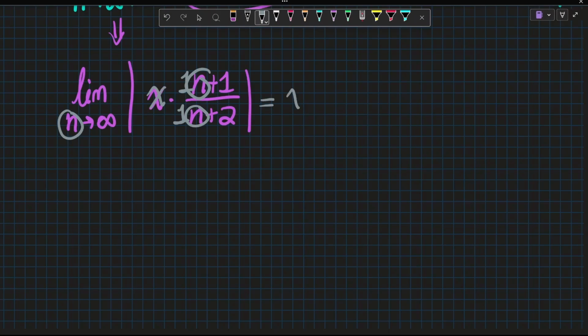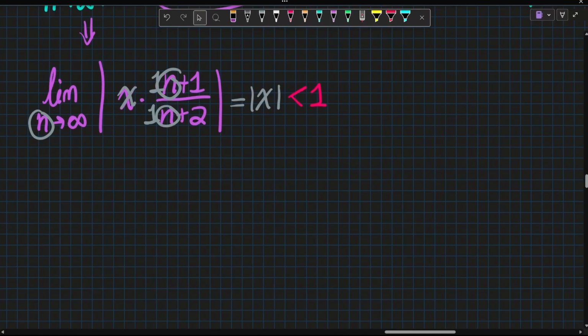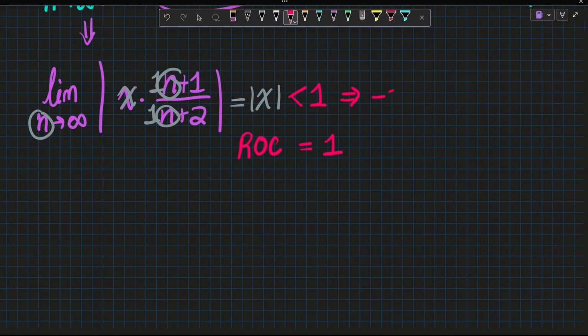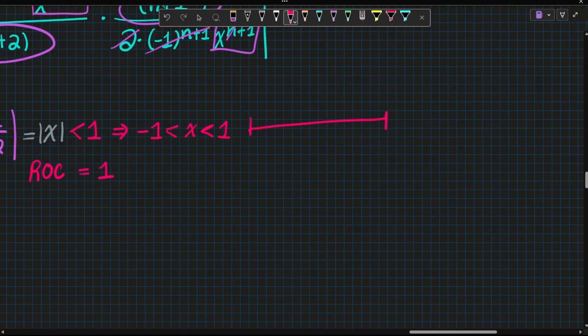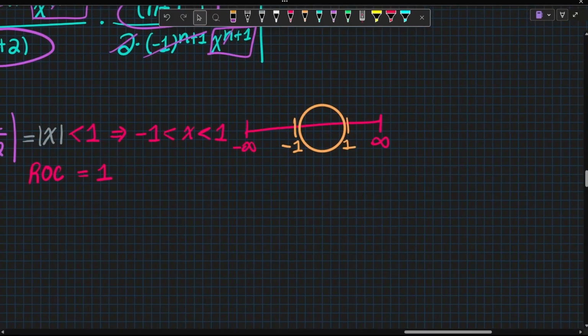So of course this approaches absolute value of x, and of course we force it to converge, so it has to be less than 1, so the radius of convergence is equal to 1. Because we can extrapolate that x must be between, like on a number line, negative 1 and 1, so it sort of exists here.